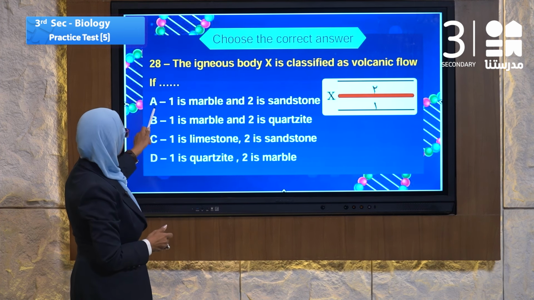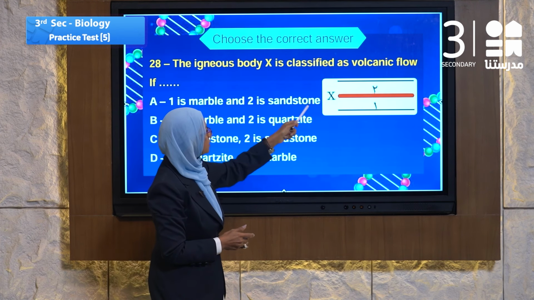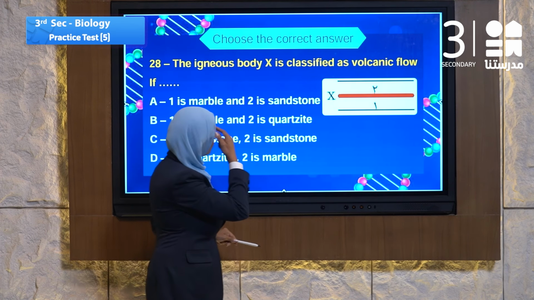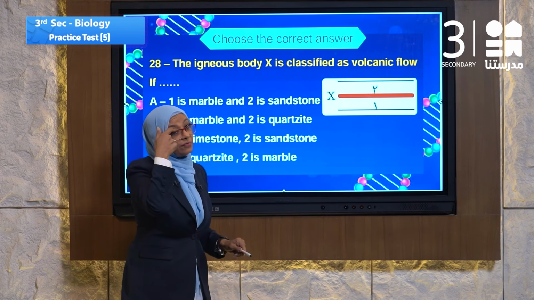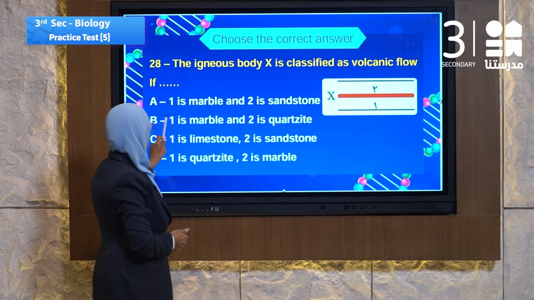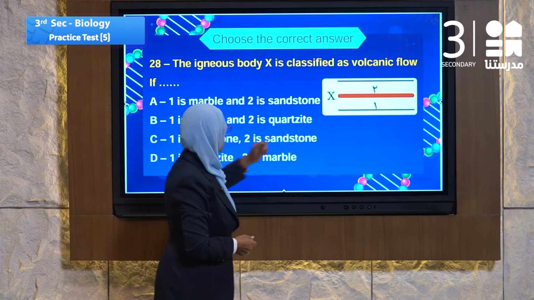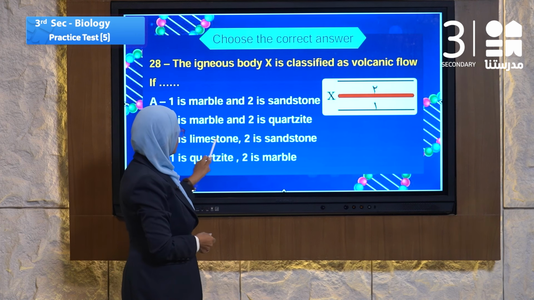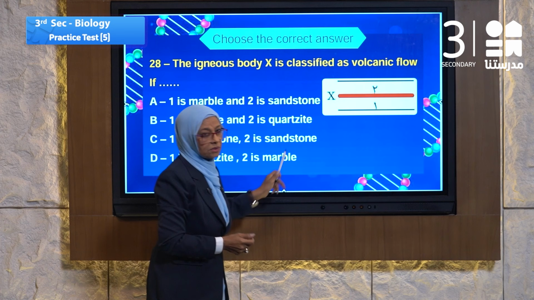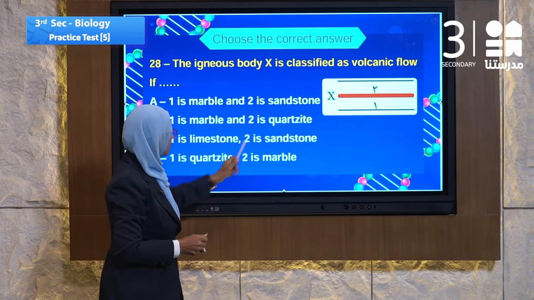Let's choose. A, 1 is marble and 2 is sandstone. Marble is a metamorphic rock, but sandstone is a sedimentary rock. B, 1 is marble and 2 is quartz. C, 1 is limestone and 2 is sandstone. Limestone and sandstone is not correct because they are two sedimentary rocks.